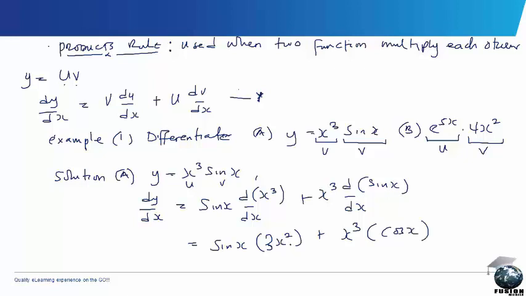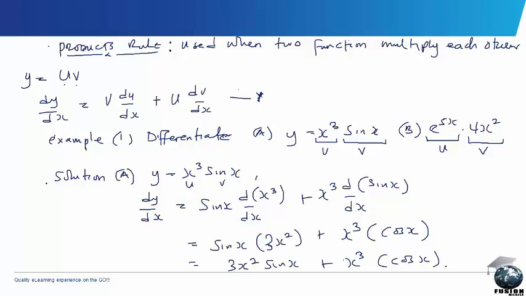Check your table, and so this gives me 3x squared sine x plus x cubed cos x. Some things can be bracketed, but at this point your examiner gives you the marks, but you can group some into brackets if you want to simplify them more.